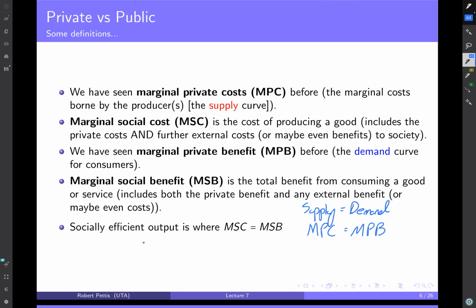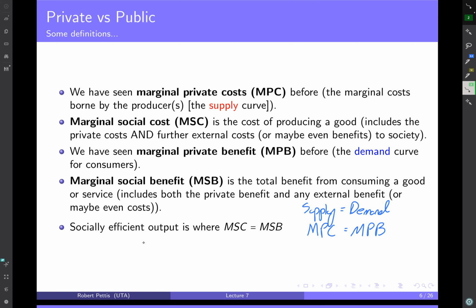But now in the presence of externalities, where through either production or consumption of this good there's some sort of cost or benefit affecting society, that's no longer the socially efficient option. Instead, we're going to say the new efficient option is socially efficient where the marginal social cost is equal to the marginal social benefit.